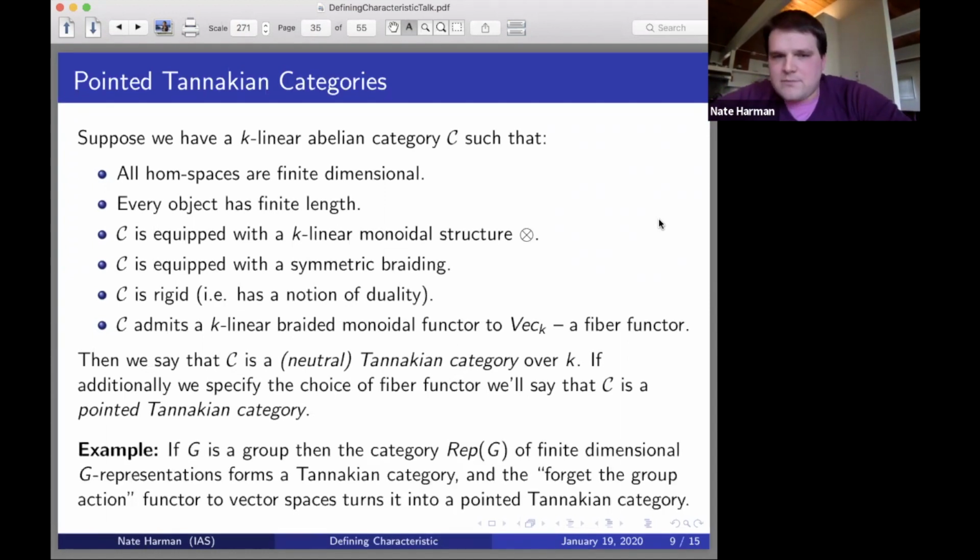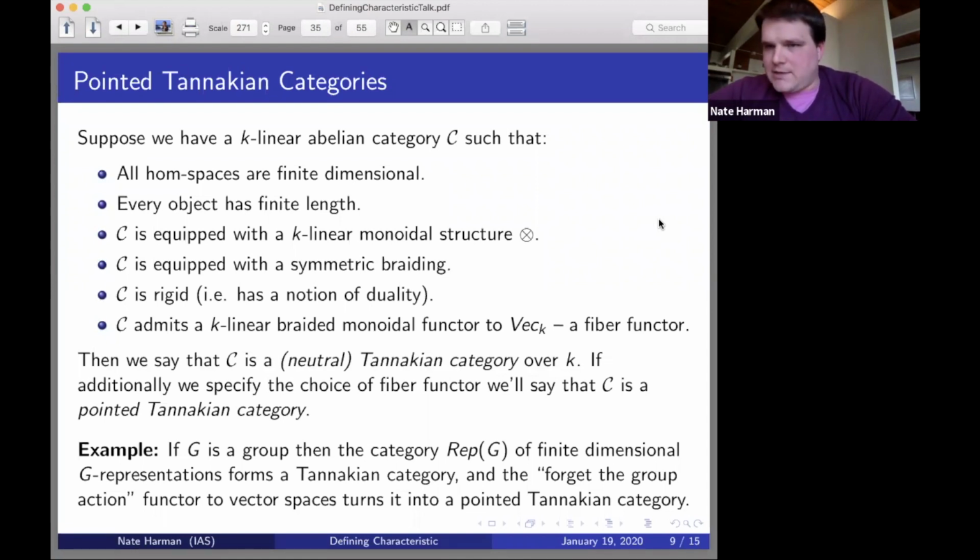So if we have any abstract group, then the category of finite dimensional representations forms a Tanakian category, for clear reasons. This is clearly a k-linear abelian category. Since it's finite dimensional, everything has finite length. We have a natural monoidal structure. There's a symmetric braiding where you can flip the order of two tensor factors. It's rigid.